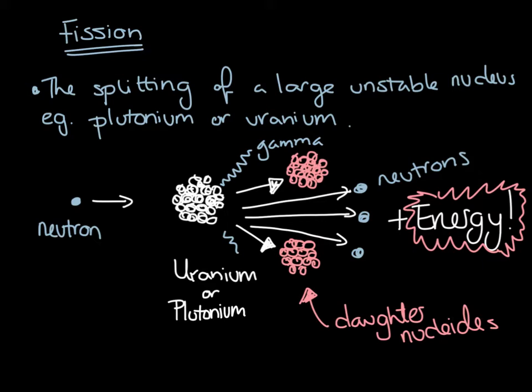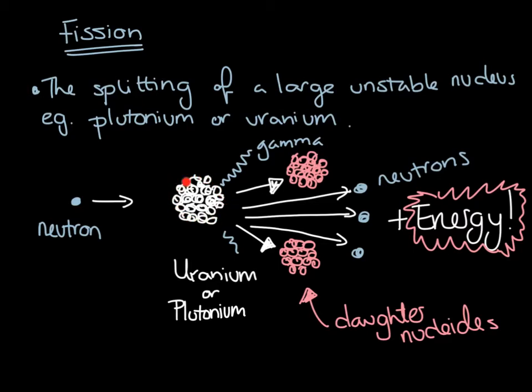So let's look at fission in more detail now. Fission is the splitting of a large unstable nucleus. There are two nuclei that we normally use in fission, plutonium or uranium. And as you can see from the diagram, what happens is we have a neutron here, and that travels towards either a uranium or plutonium atom here.